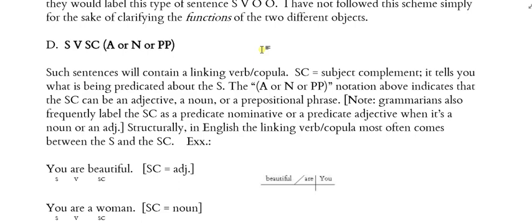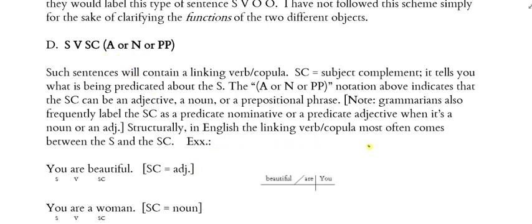The subject is in the park. All right? Note, grammarians also frequently label the SC or the subject complement as a predicate nominative. So you've heard that expression. Predicate adjective when the subject complement is actually a noun or an adjective.